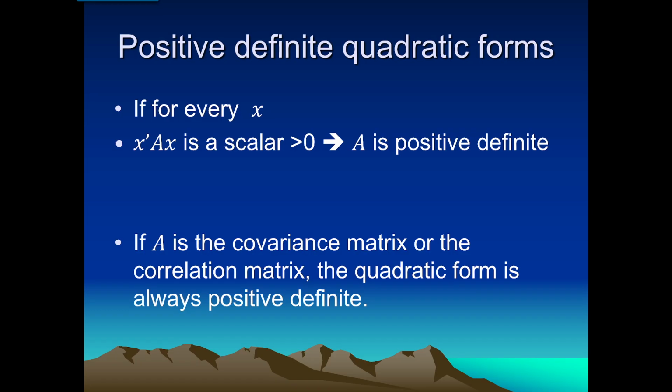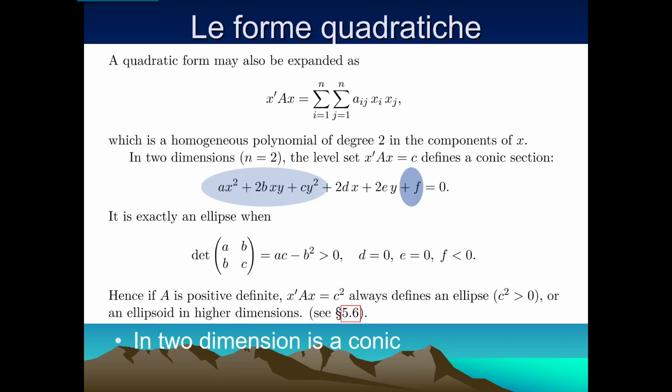This is incredible. Well, this quadratic form is a conic, and this is the equation for the conic. So, if A is positive definite, then this equation defines an ellipse or an ellipsoid. And this is really fascinating. In these quadratic forms, you don't have these two terms, and this f is always smaller than 0, because if you put it on the right side of the equation, it becomes greater than 0.